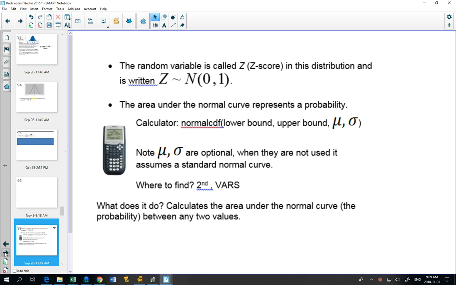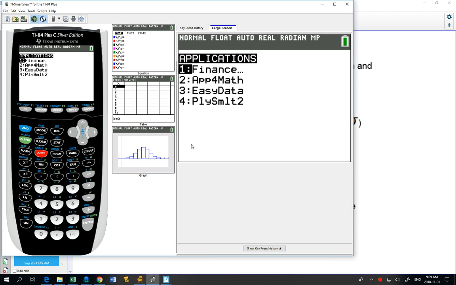And we're going to use Normalcdf because you're cumulative, you're adding up the area from one lower score to one higher score, given a mean and a standard deviation. If you don't put in the mean and standard deviation, it's going to just assume it's standard normal. So let's find that on our calculator and see what we have.